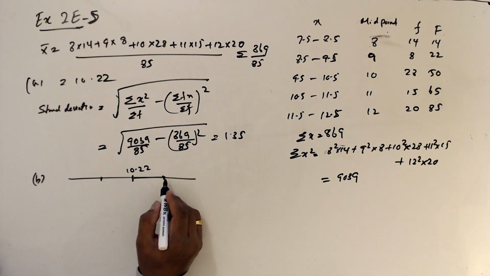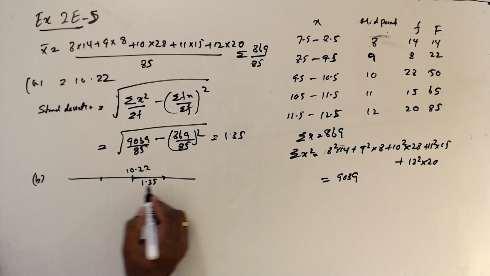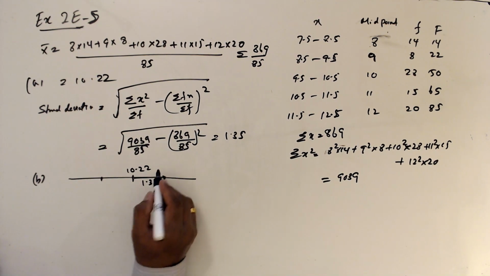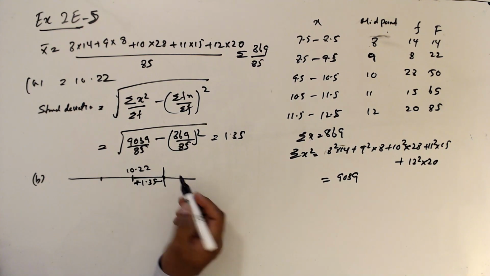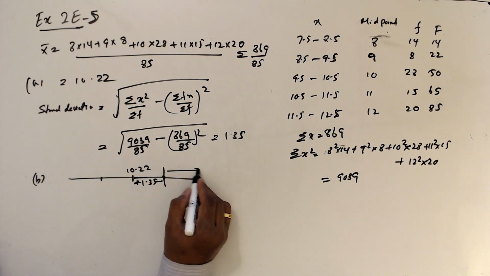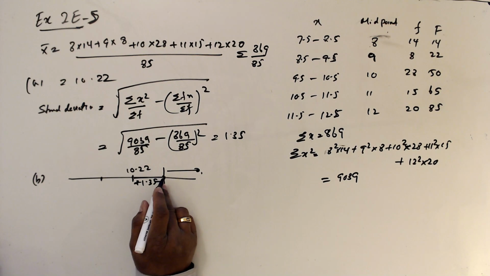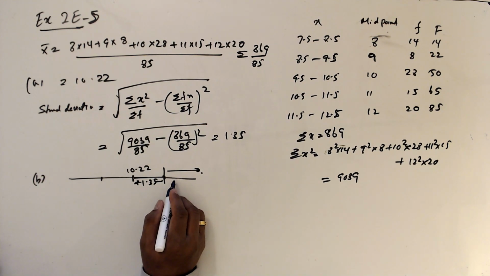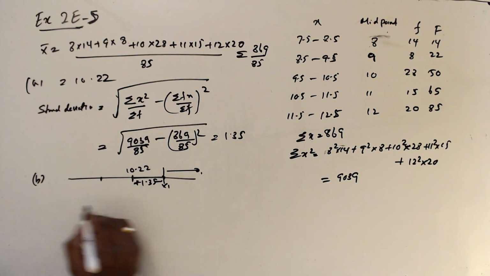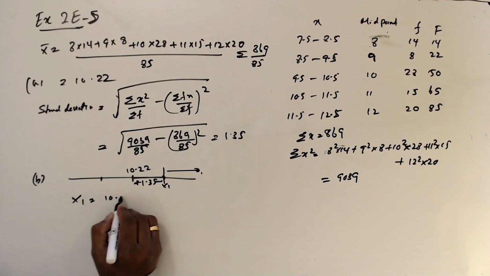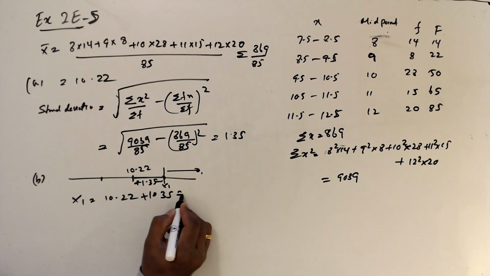It means this is 10.22 plus 1.35. I will take this value as x1. So x1 equal 10.22 plus 1.35. That is going to be 11.57.